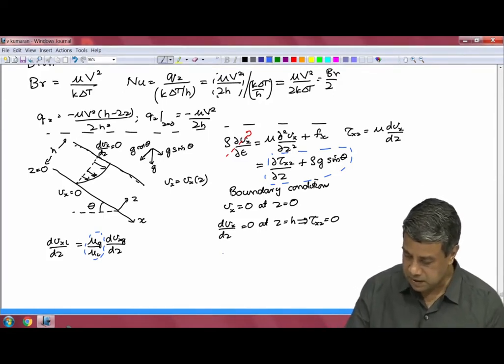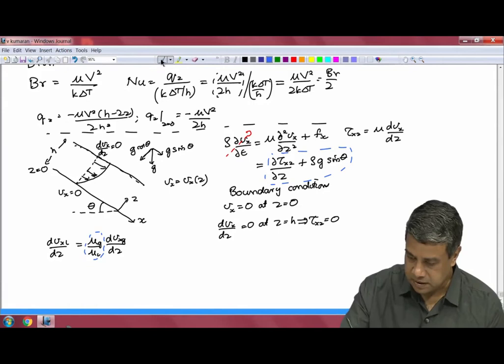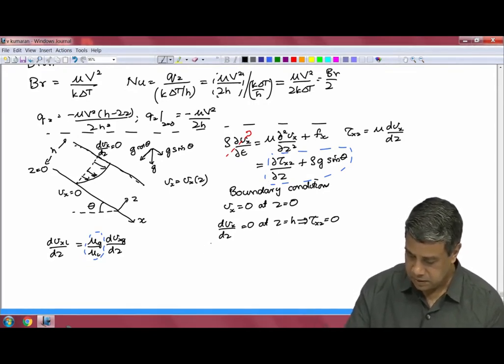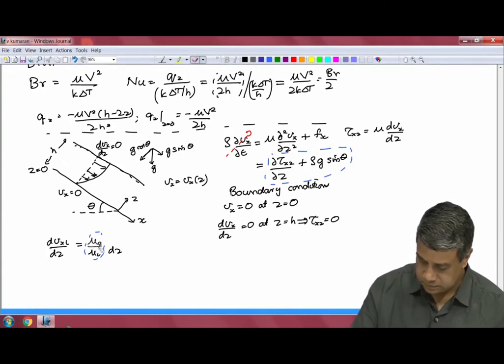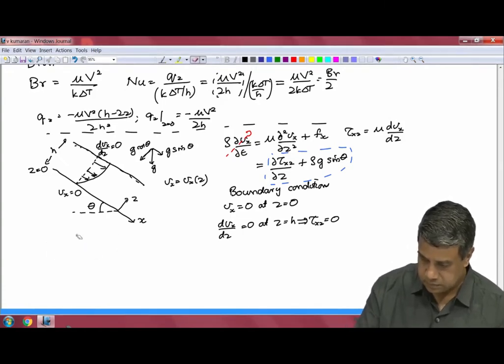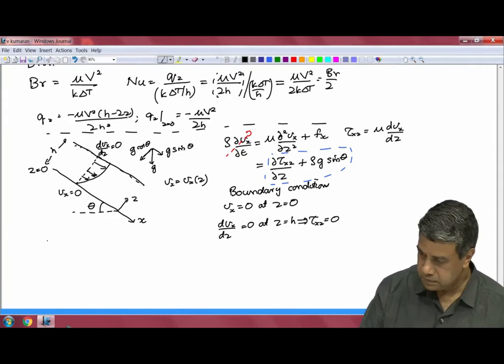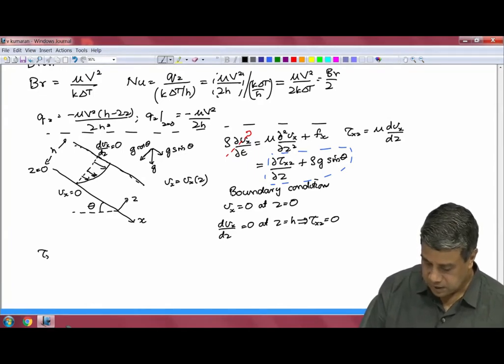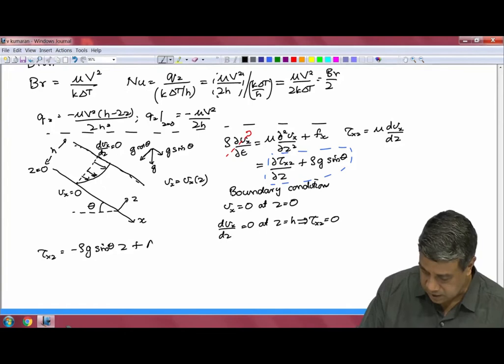So, in this particular case, this just gives me that tau xz is equal to minus rho g sin theta into z plus some constant a.